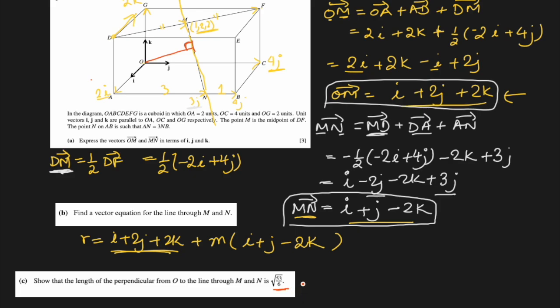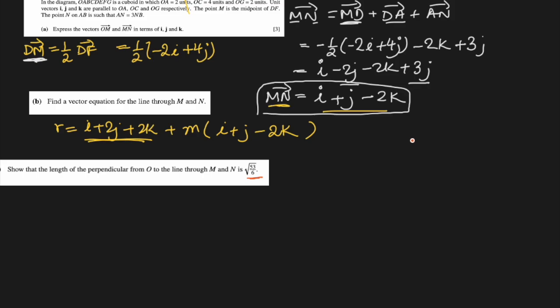So let me redraw it somewhere else. This is M, the coordinates are 1, 2, 2, and somewhere here is N, this is O, and this is the perpendicular. Let's call this point K.